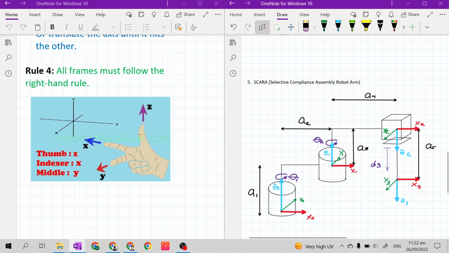If you're asking if z sub 2 and z sub 3 are negative, no, they are positive. The z sub 2 and z sub 3 axes are positive. They are not negative, even though they are pointing downward.